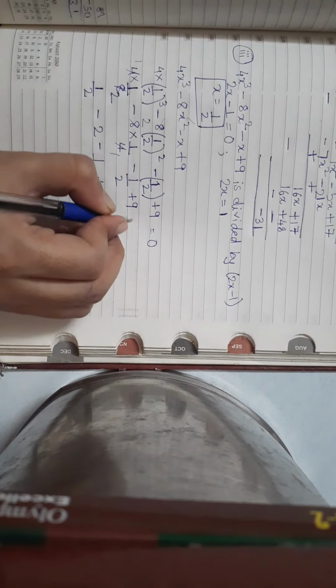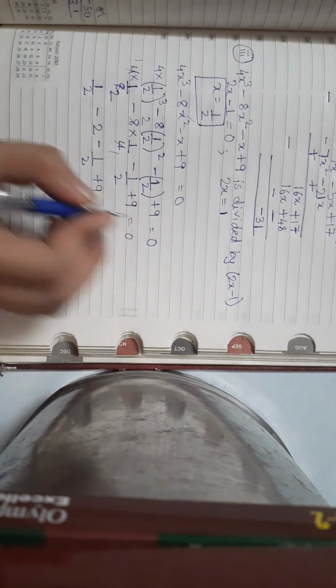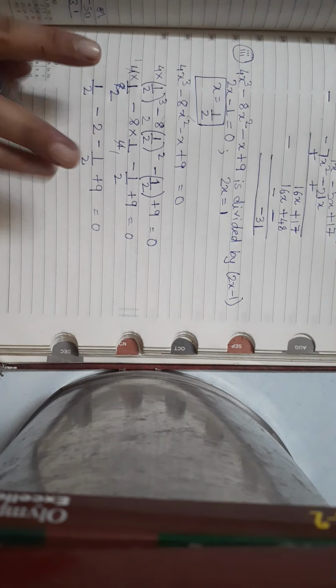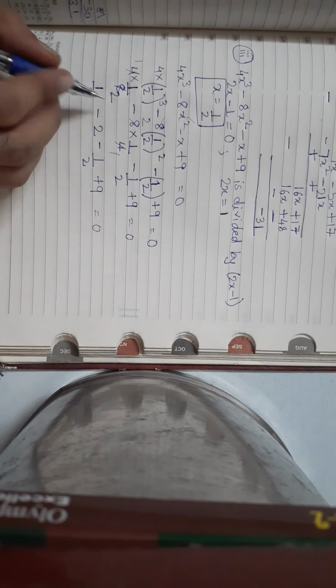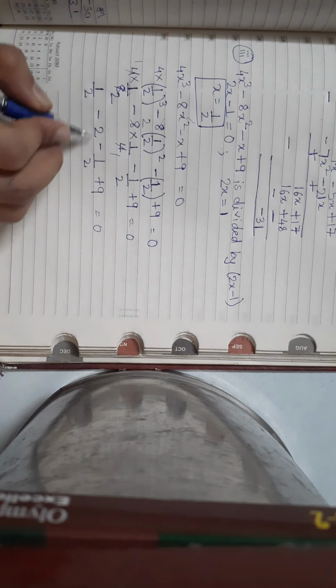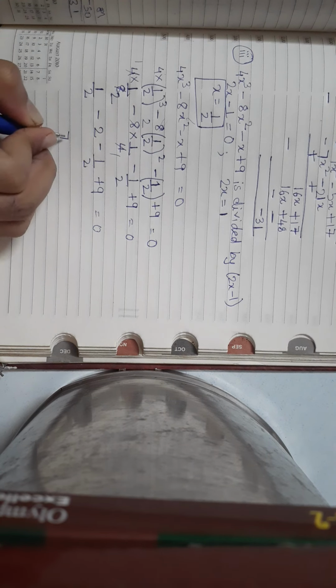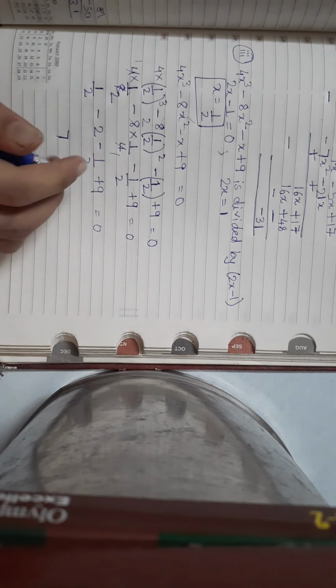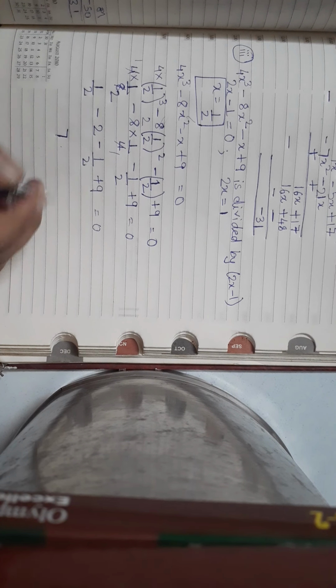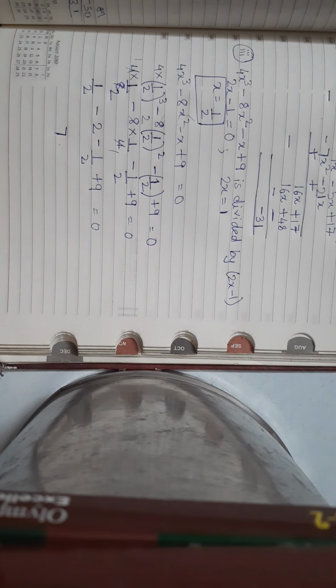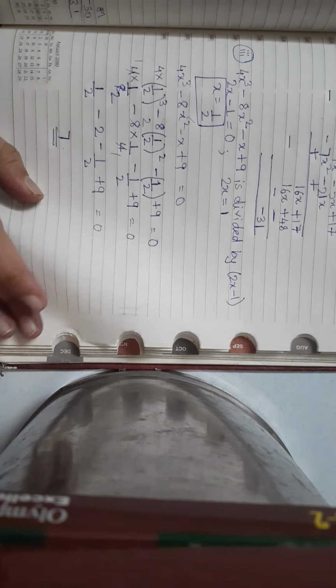This will be equal to 0. This half and this half will get cancelled as these are opposite signs. Minus 2 and plus 9 becomes 7, plus minus becomes minus, sign of greater number, that is 9. So we have got the answer as 7. So our remainder should be 7.